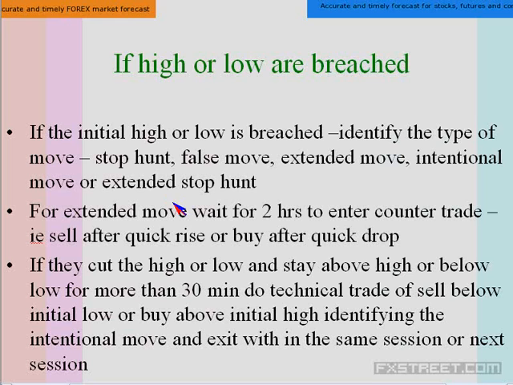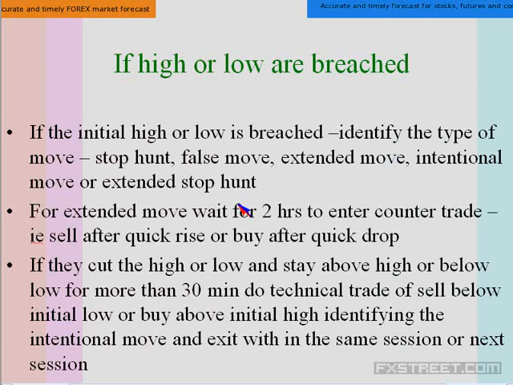Then intentional move: they continue to cut the low if the market is being driven down, or continue to cut the high every 30 minutes, and no new low or new high is held for more than 30 minutes. In such a situation, every 20-25 minutes they will cut the low and try to go down. But they do it only for about 2 sessions.